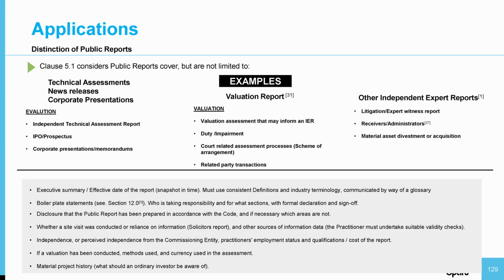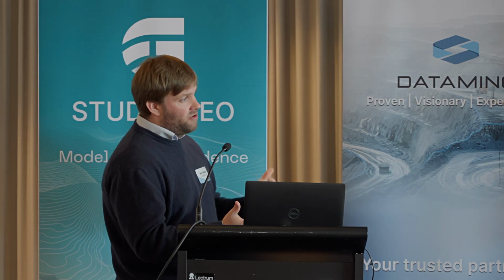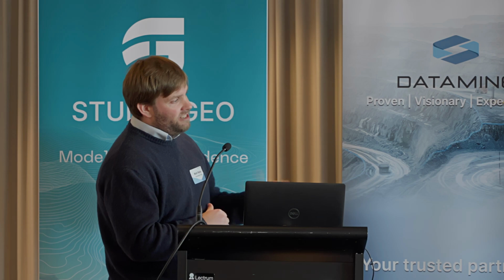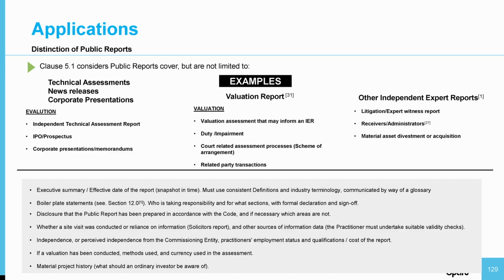It needs to be transparently listed how the relationship between the commissioning entity and the practitioner or the company has been set out in a scope of works. Where evaluation has been conducted, the methods used, the currency and other assessments, and critically building this picture of a clear, concise report.